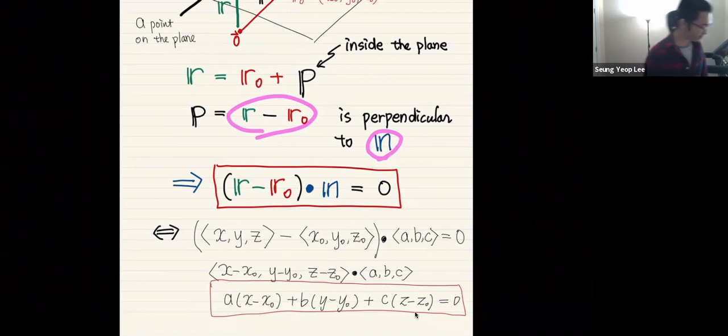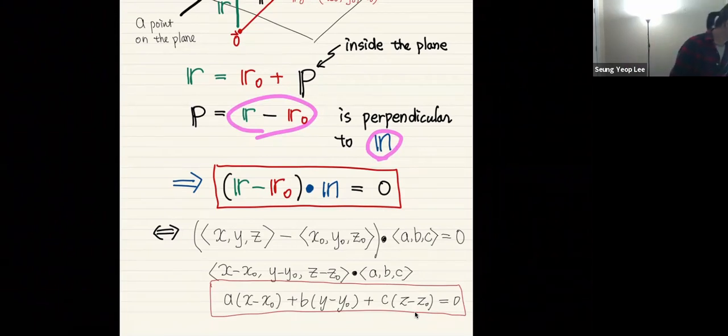Okay. That's actually a good question. If I have two planes, what's the intersecting line? We covered some of the line, but we have to do a little more.